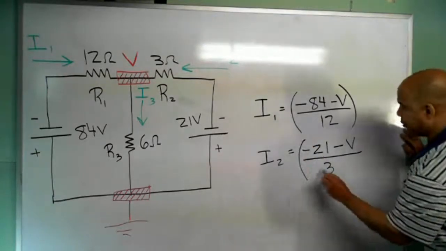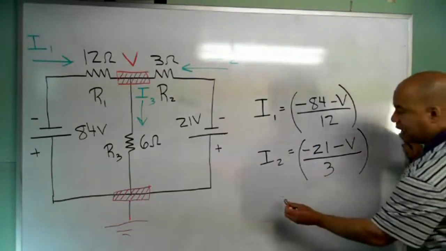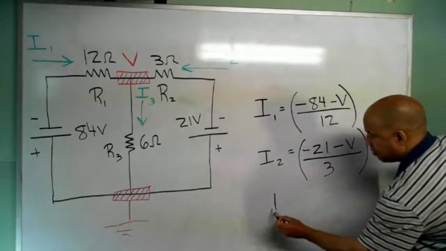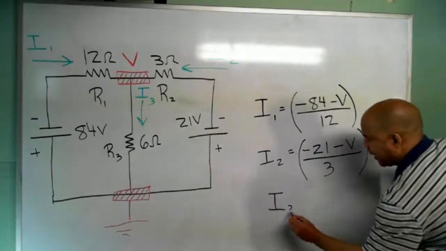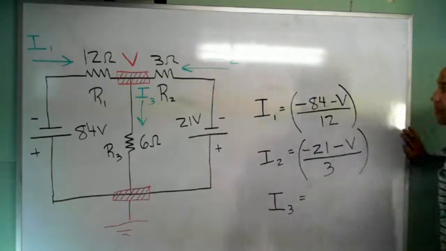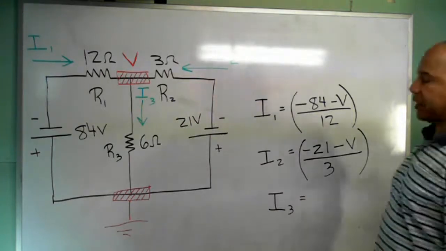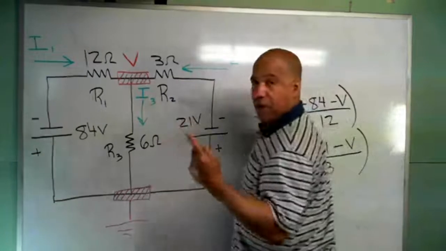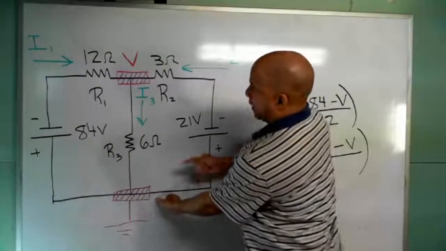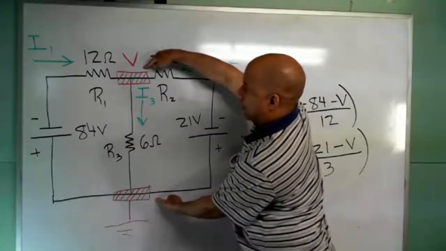So there is I2. You see if you can figure out how to write I3. How would I write I3? Well, you do the same thing. You put your reference lead here. You take your red lead and put it here.